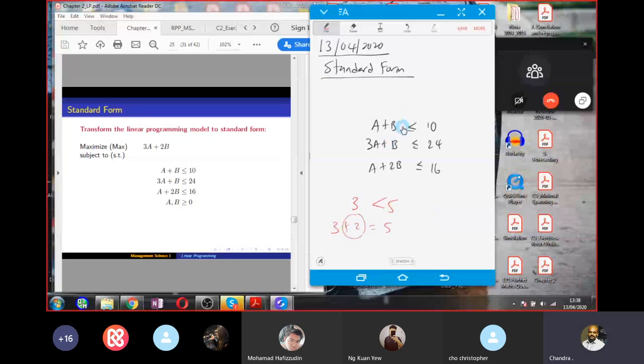Therefore, I need to add some number here. Let us denote that number as S1, then this becomes equal, and this, and this. That's how you make an inequality into an equation, by adding a variable S1, S2, S3.